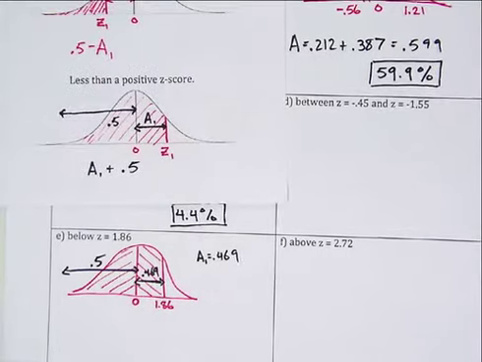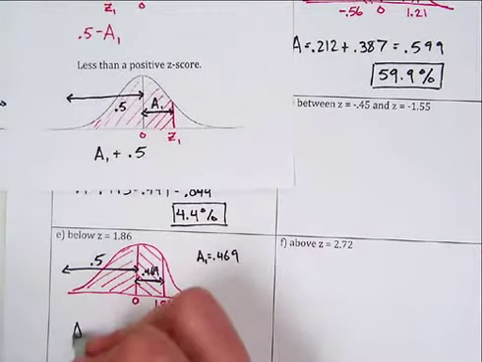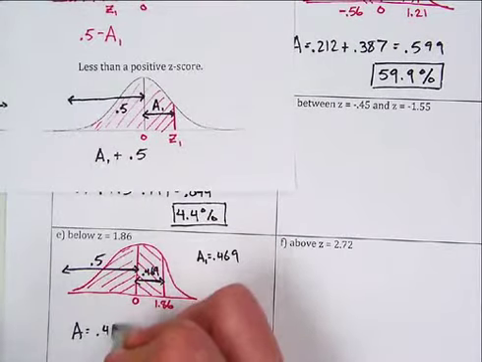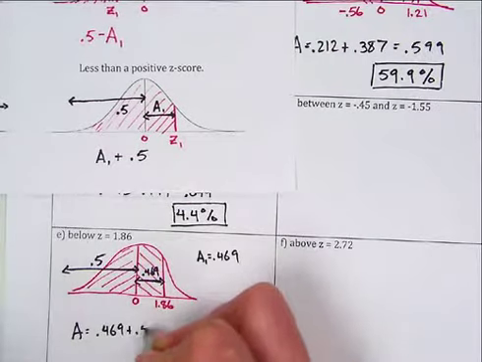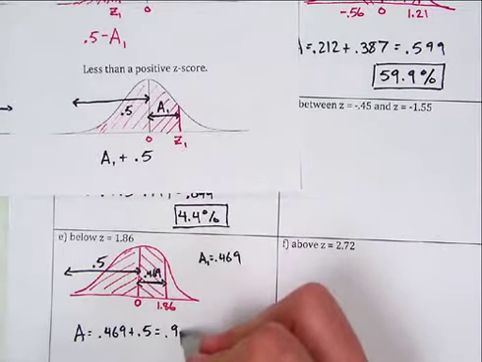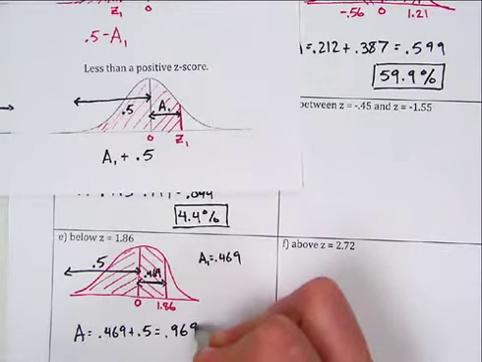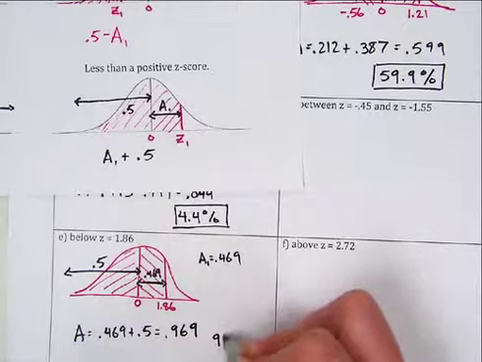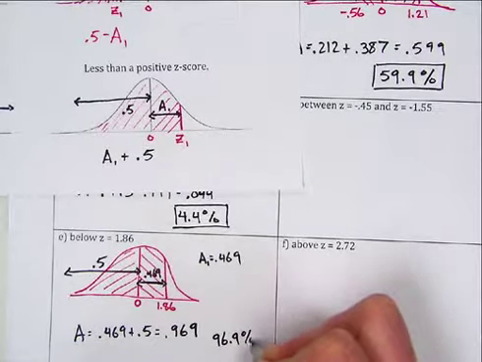So that's just what we're going to do. 0.469 plus 0.5, and we get 0.969, which is 96.9%.